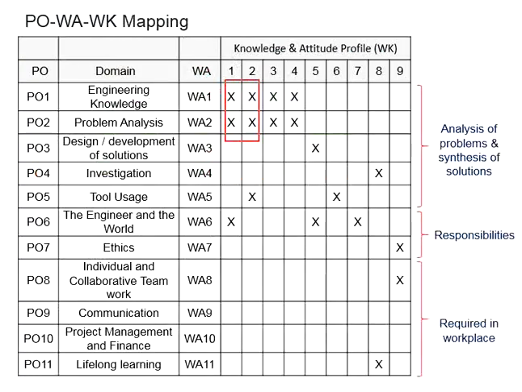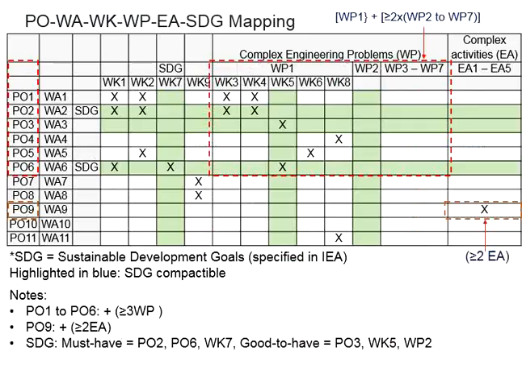You have to map accordingly. Next, how about the relationship between the graduate attributes and the complex engineering problems? WA1 to WA6 will require complex engineering problems, as indicated by the box here.